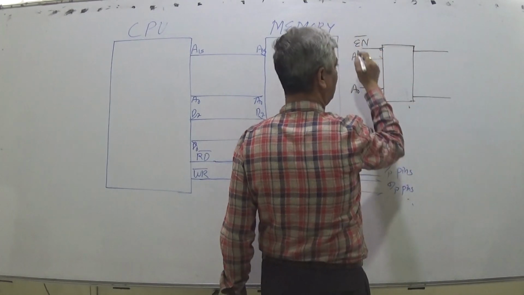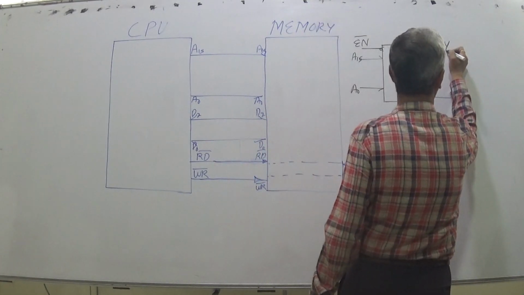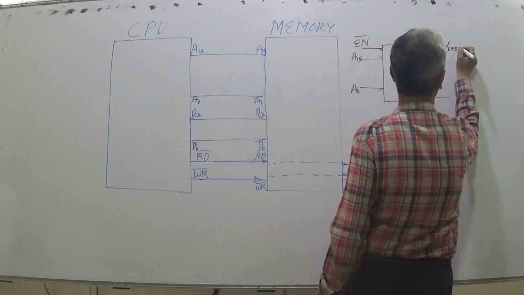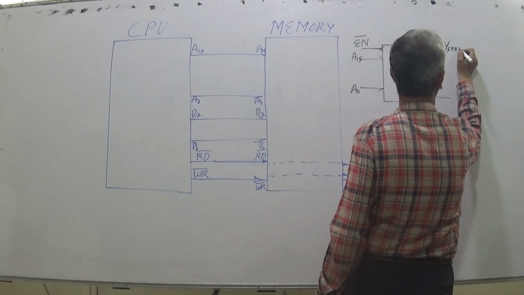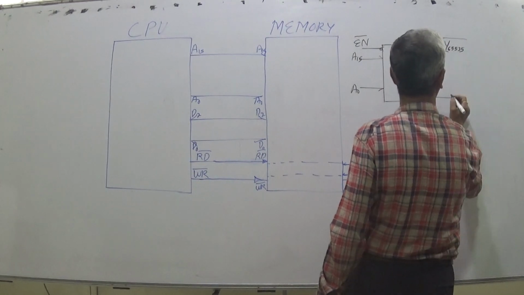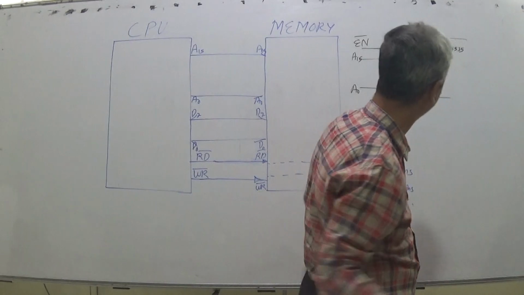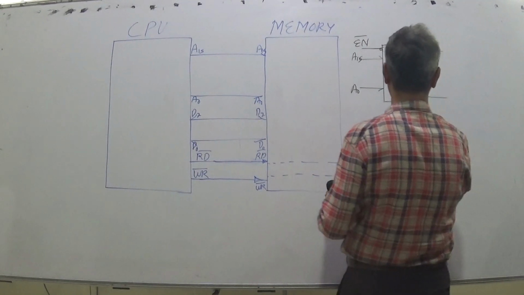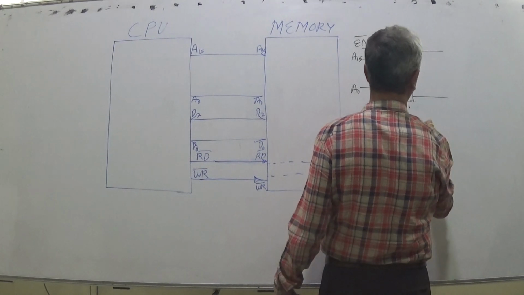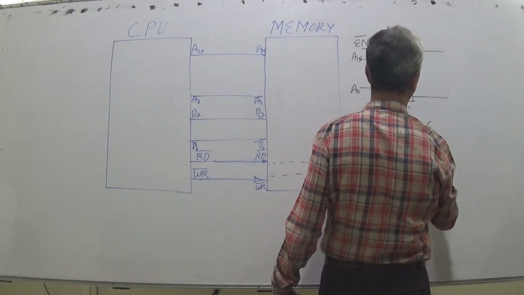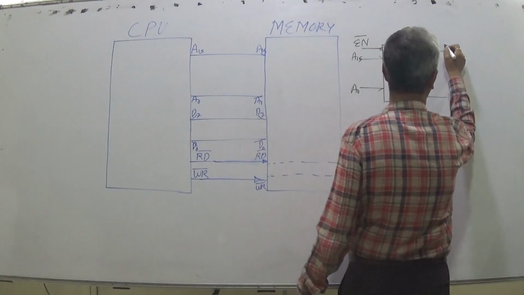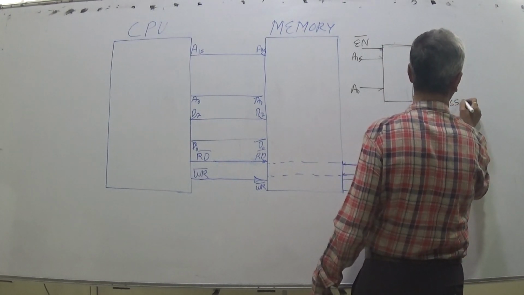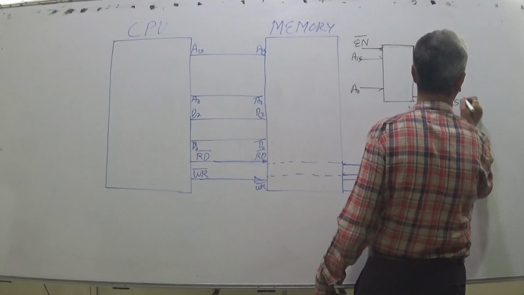En bar is the enable bar, and it has 65,536 output lines, Y0 bar to Y65535 bar.